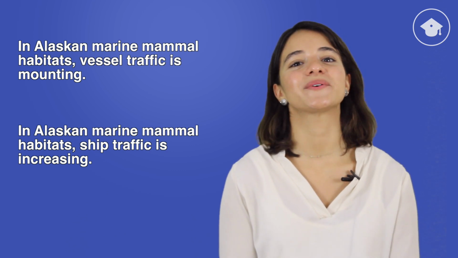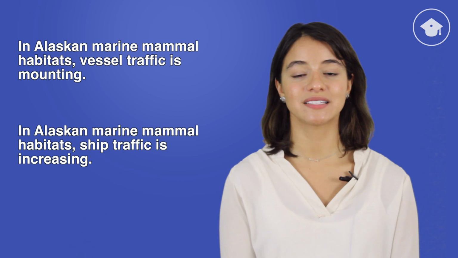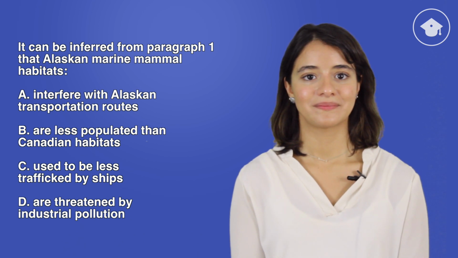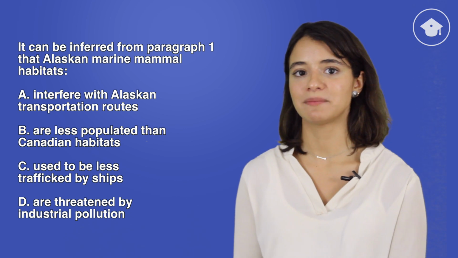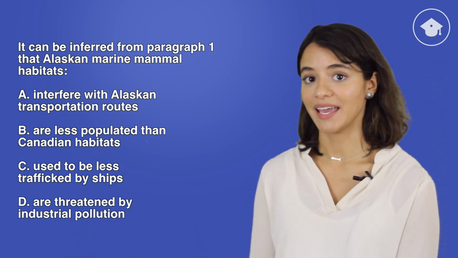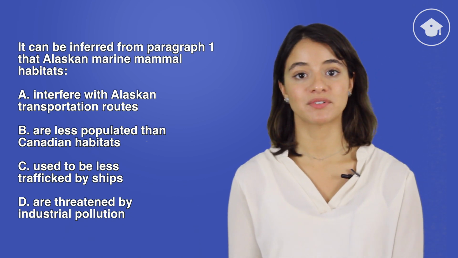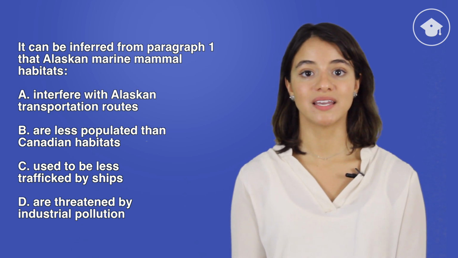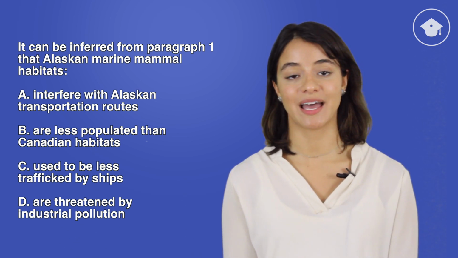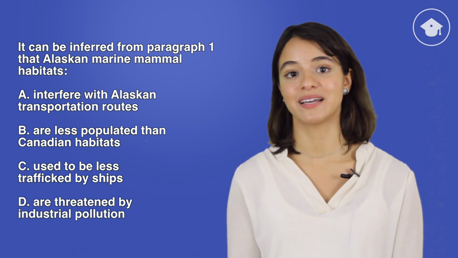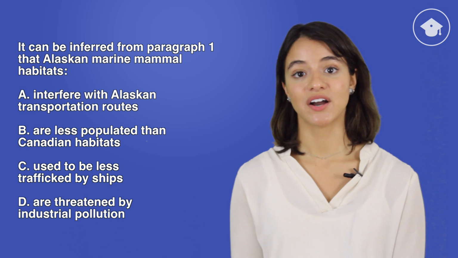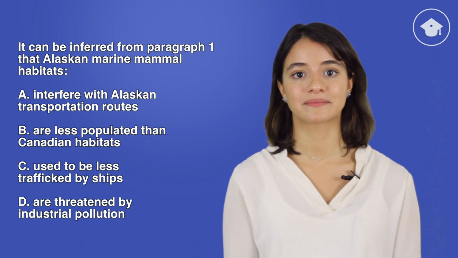Okay, let's look at our question again. This time, let's include the answer choices too. It can be inferred from paragraph 1 that Alaskan marine mammal habitats: A, interfere with Alaskan transportation routes; B, are less populated than Canadian habitats; C, used to be less trafficked by ships; D, are threatened by industrial pollution.